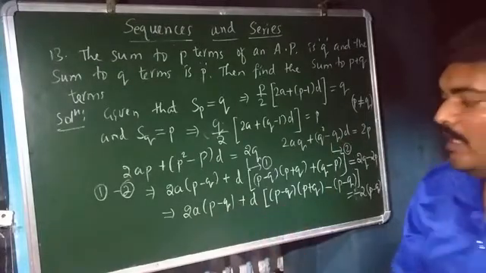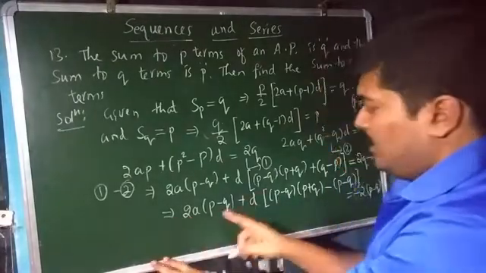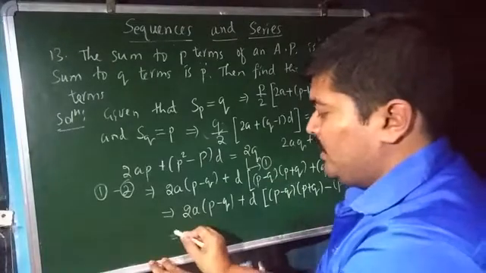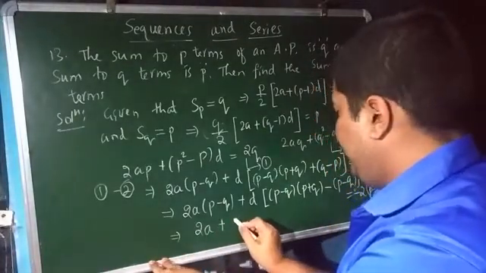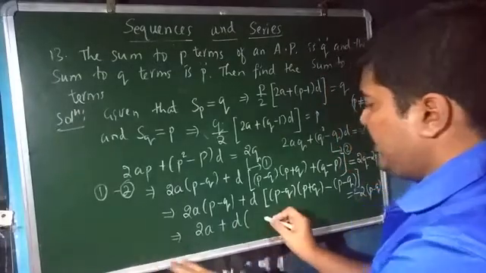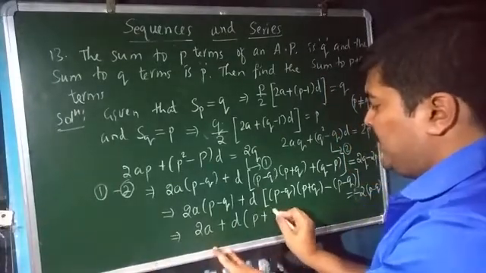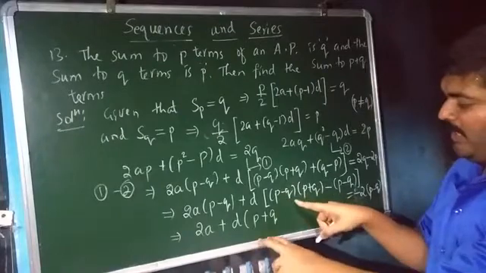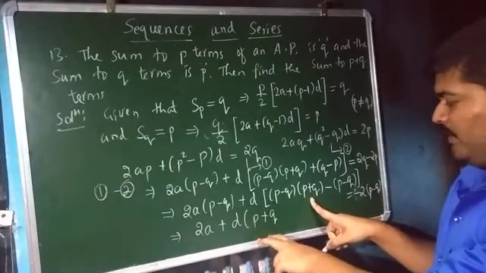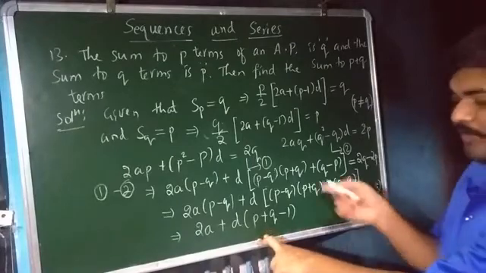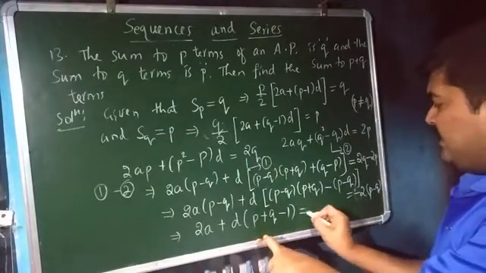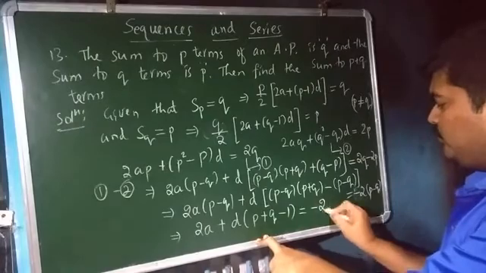Such that you can cancel the terms on both sides of this particular equation. Just you are left with 2a plus d into, here you are just left with p plus q. After taking p minus q, p plus q term is remaining over here, isn't it? Minus 1. Because of the presence of this term we have taken outside, that is exactly equal to minus 2.